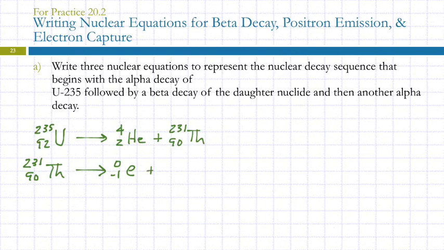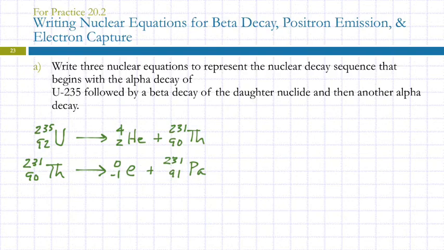So then we're just going to do the math again. 231 is still the mass number. And now the atomic number is 91, because 91 and -1 is 90. And so that's in the middle. That's Pa. And I'm blanking on what its name is. You can do this without knowing their names.